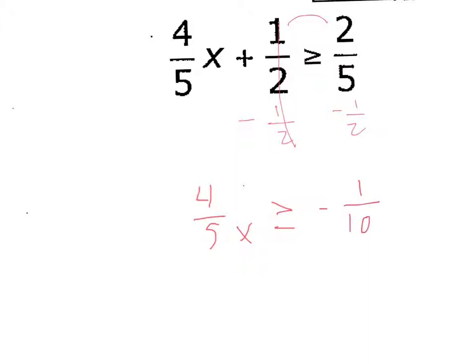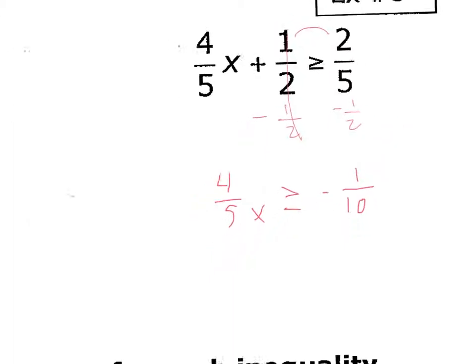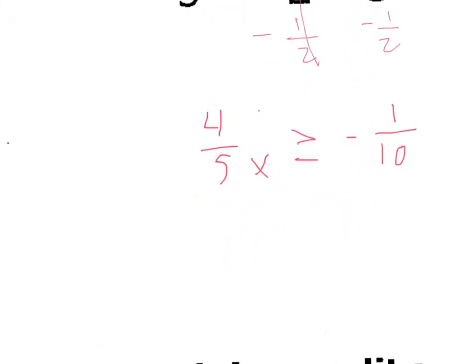Okay, so our last step would be to undo the multiplication between 4/5 and x, so we want to divide each side by 4/5. Those 4/5s cancel on this side, and then we have x is greater than or equal to negative 1/10 divided by 4/5.